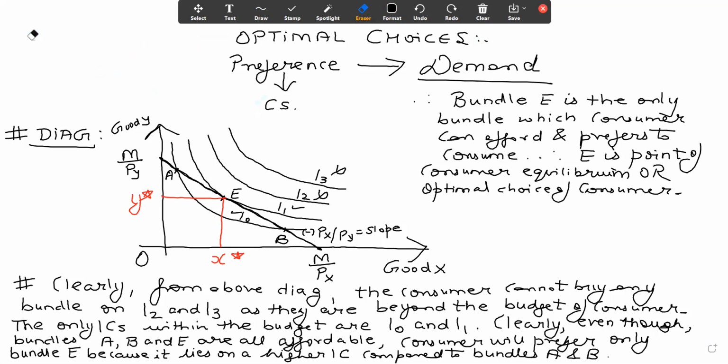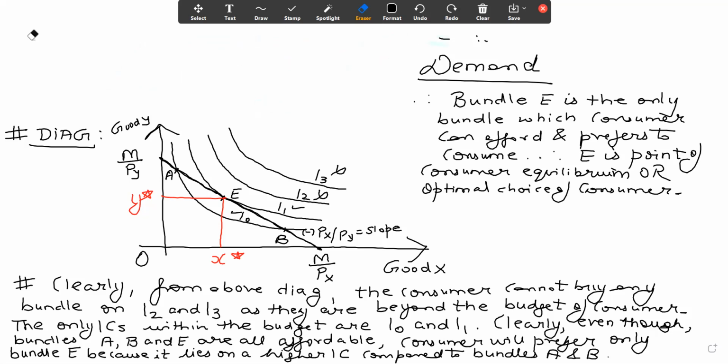So let's talk about it mathematically. We have talked about it diagrammatically, we have explained the diagram. Let's look at the mathematical point of view.